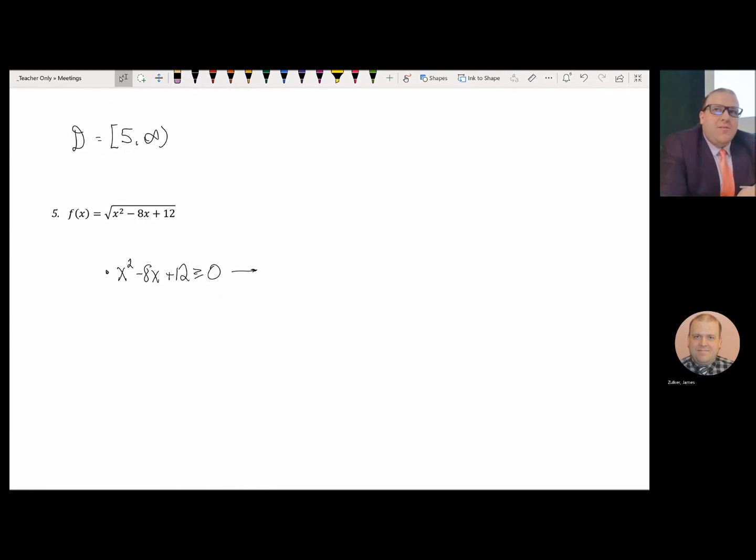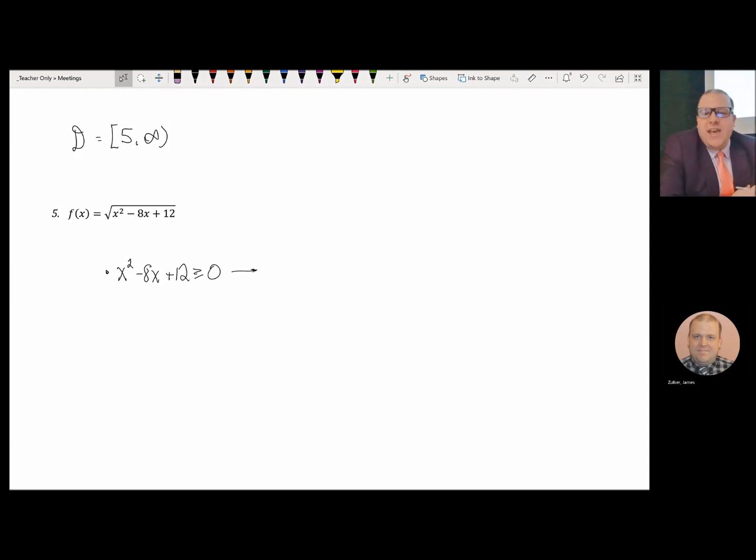Solving an inequality, right? If you have a quadratic or any kind of function, really, you first want to determine the breakpoints. Breakpoints would be whenever the denominator is 0, which of course we have none here, and when the function is equal to 0.